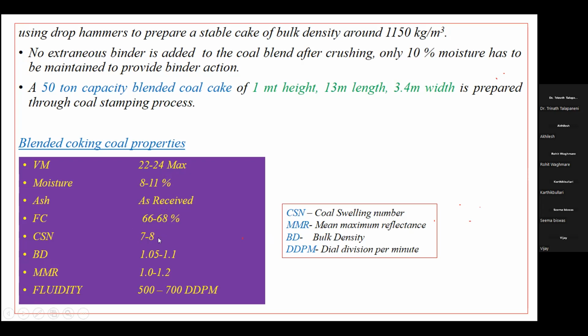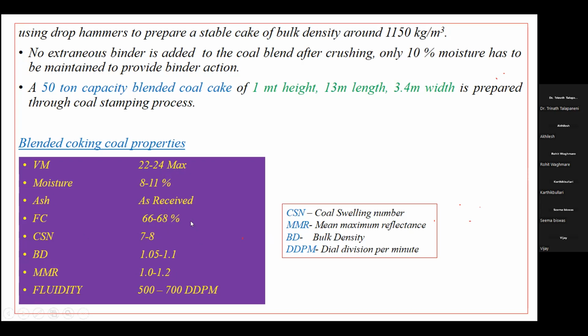Crucible swelling number is around 7 to 8, bulk density 1.05 to 1.1, mean maximum reflectance 1 to 1.2, and fluidity 500 to 700 dial division per minute.